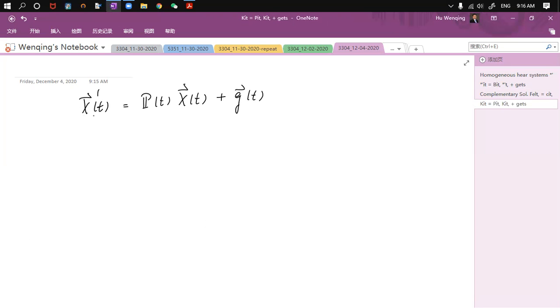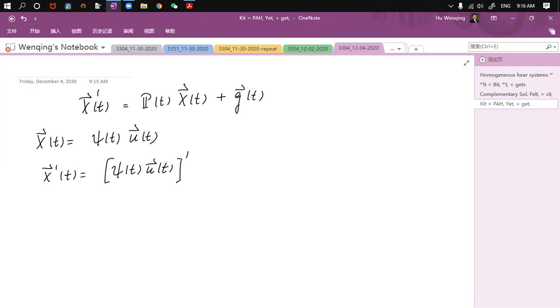So it suffices to calculate x prime of t. Remember, we have been saying that x of t is equal to the fundamental matrix multiplied by the variation of parameters u of t. So if you calculate x prime of t, it is psi of t multiplied by u of t, all differentiated. How do we calculate this?